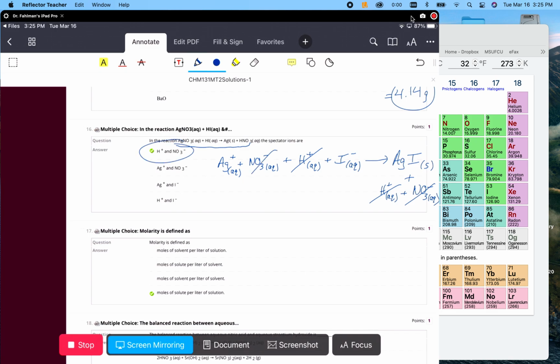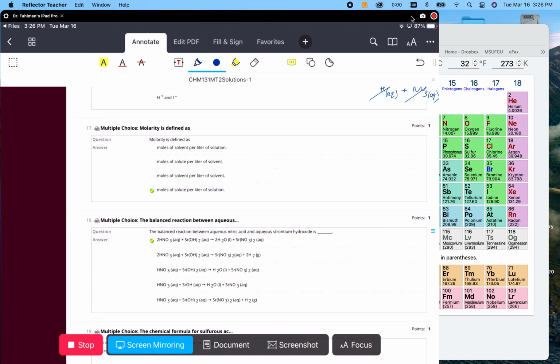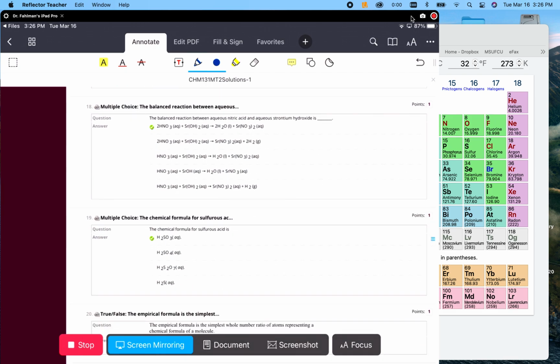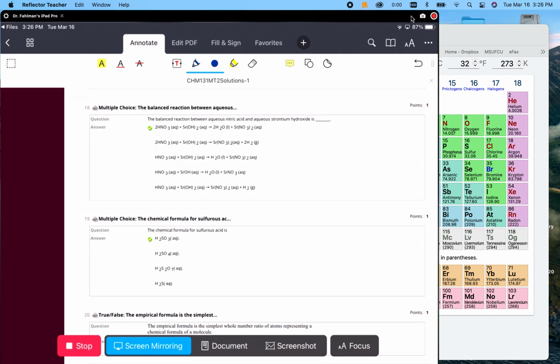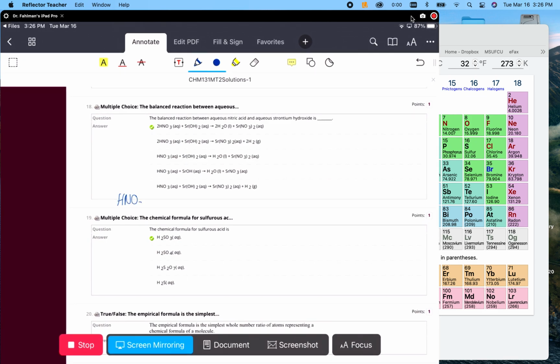Okay. This is just a definition, so moles per liter is capital M, so molarity is capital M. The balanced reaction, so this is in words, so nitric acid and strontium hydroxide. Okay, so strontium, remember, is in group 2, so you need 2 hydroxides.